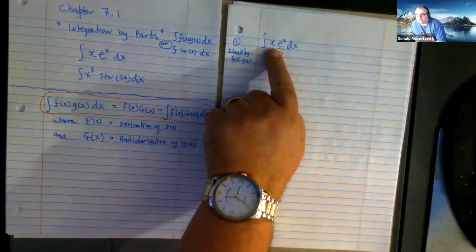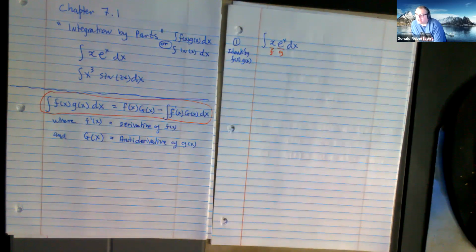Pick f as any polynomial, right? So x squared, x cubed, 5x plus 1, 2x on its own, anything with x's, pick that one as the f. 90% of the time, you'll be fine. That's the right guy you pick. And there are exceptions, but we'll worry about them later.